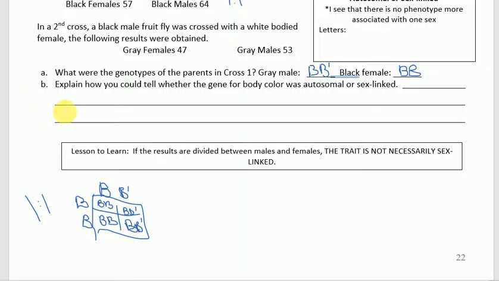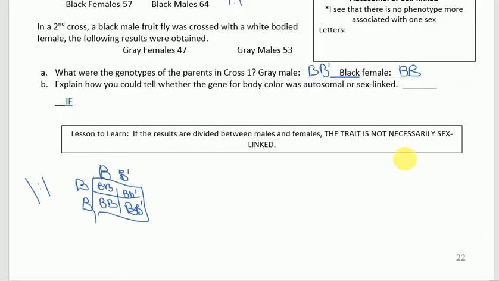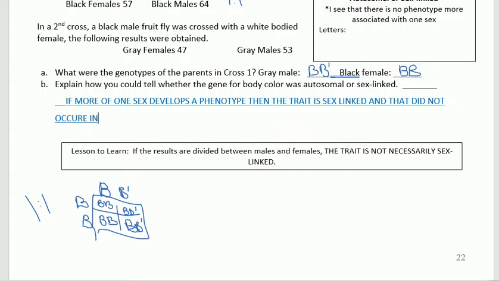And so in this case, what we would write is, if more of one sex develops a phenotype, then the trait is sex-linked. That did not occur in this situation. Okay?